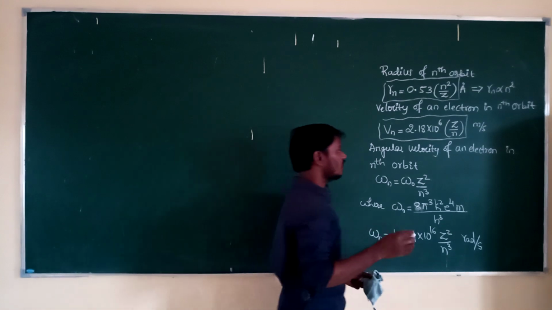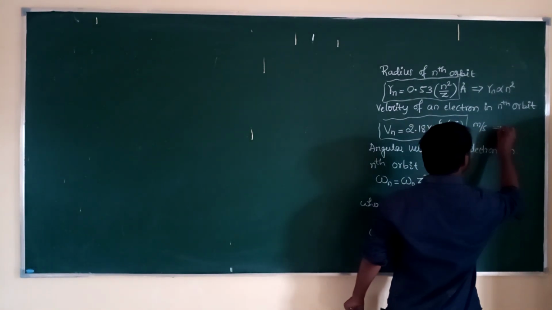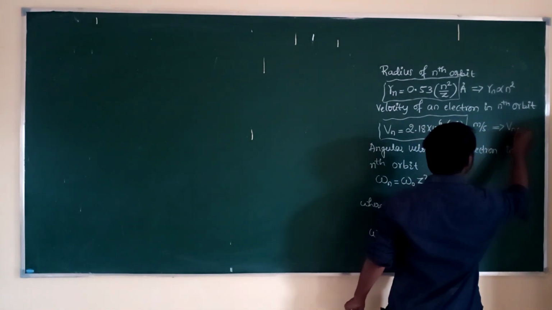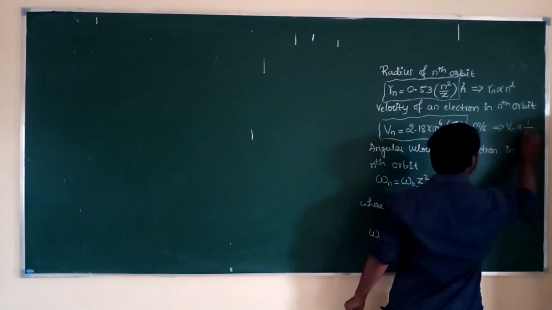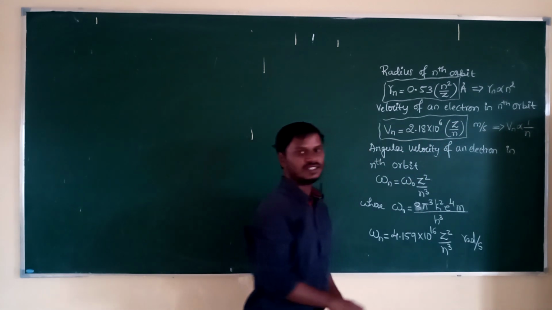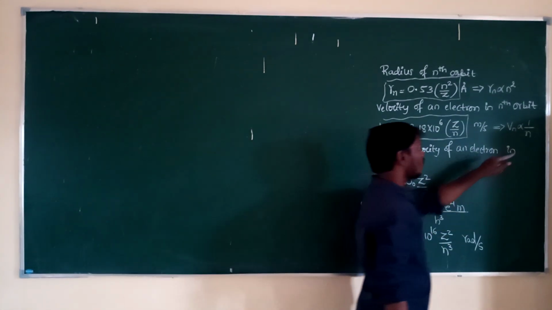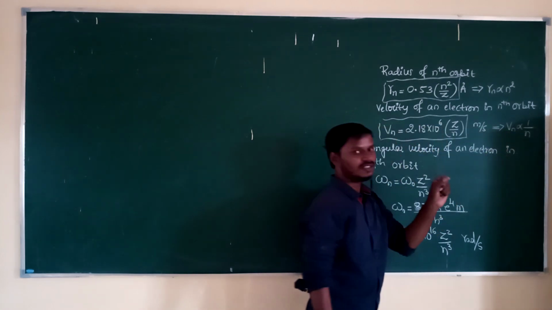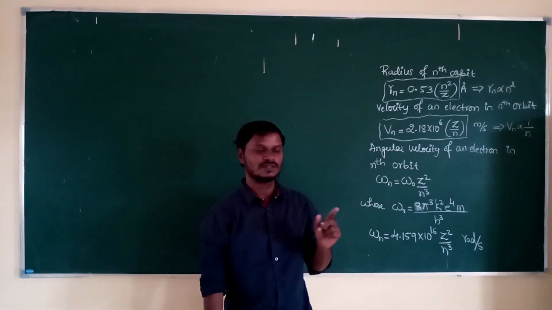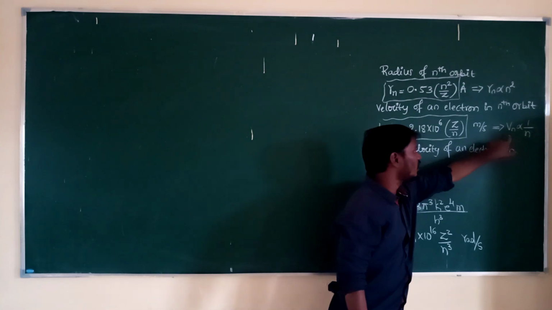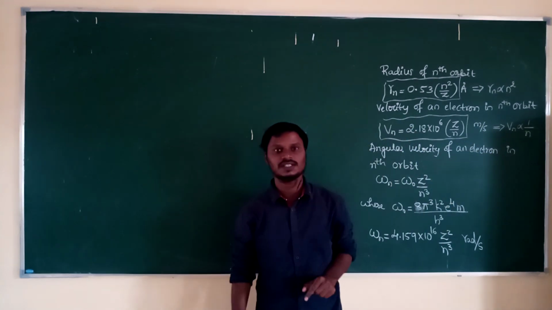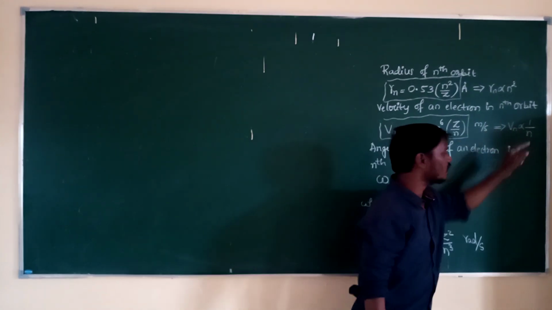It is related inversely. So Vn is inversely proportional to the principal quantum number. What does that mean? In the higher orbits, the electron moves with lower speed, because they are inversely related.